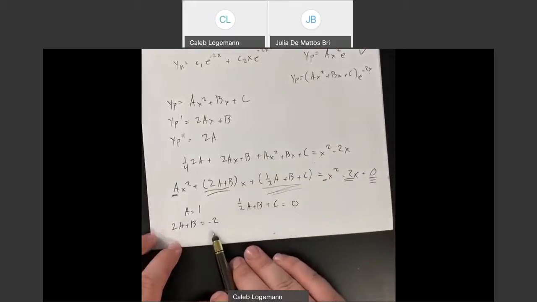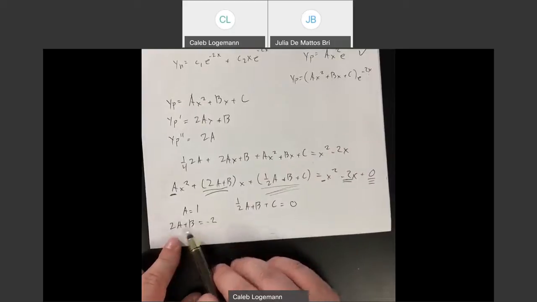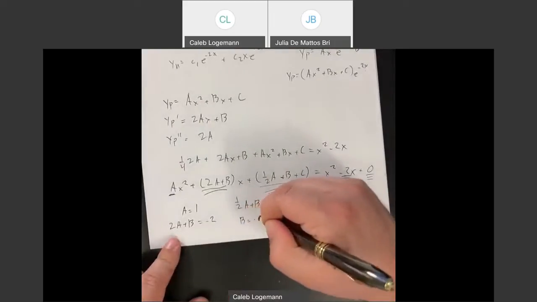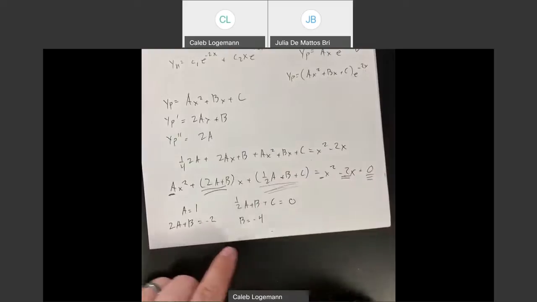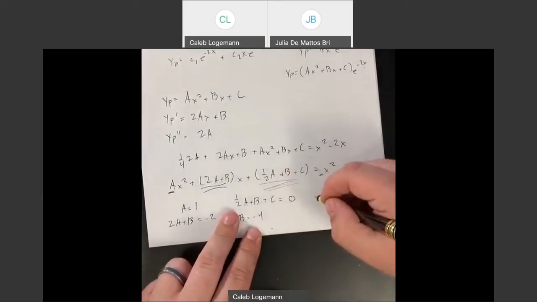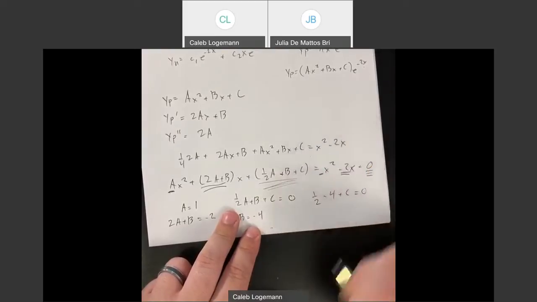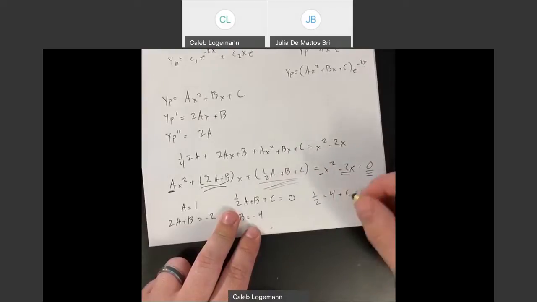So now we can just go through and solve. We know a is 1, so you plug in 1 here, subtract that across, that means b equals -4. We plug that in here, we have a is 1, so that's 1/2 minus 4 plus c equals 0. Add that across, so we have plus 4 minus 1/2, it'll be 3.5.